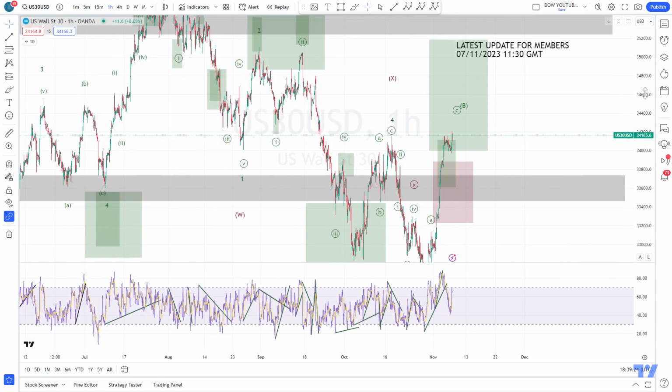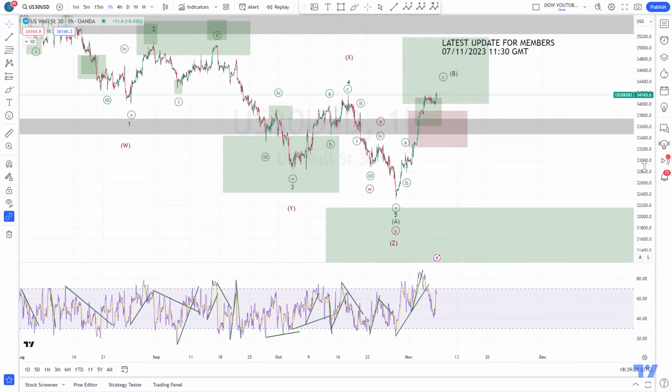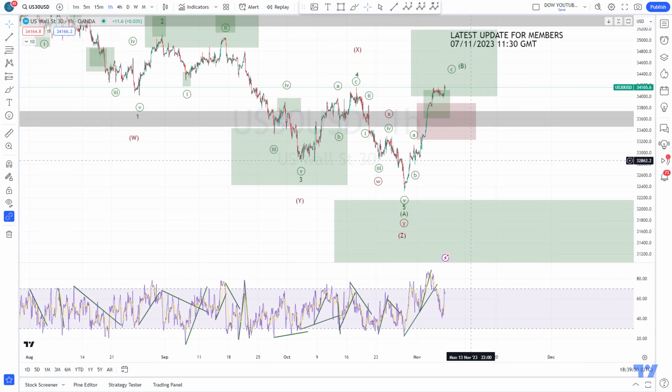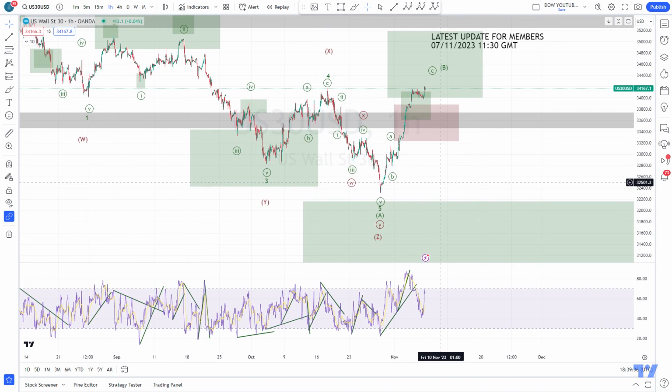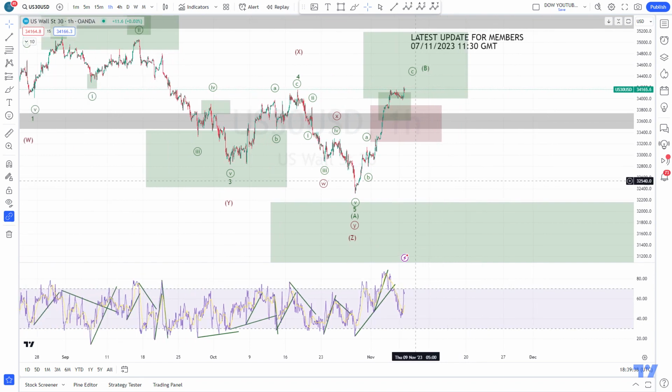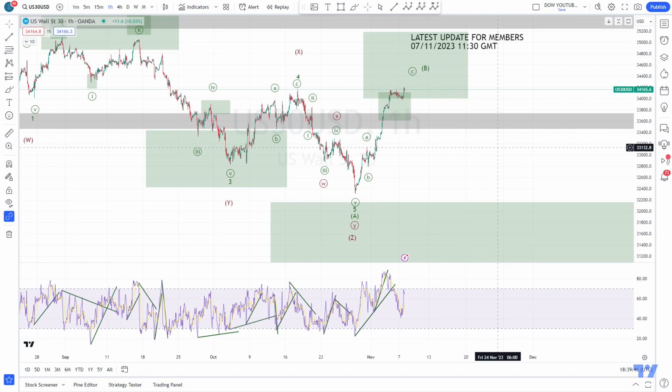So here we are looking at the 1 hour chart. And so if this is our wave A low, there are several possibilities for this wave B to play out. First of all, we are in the wave B area.